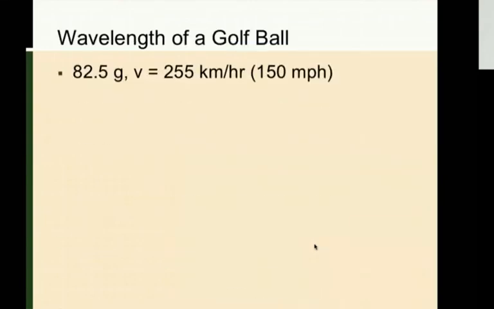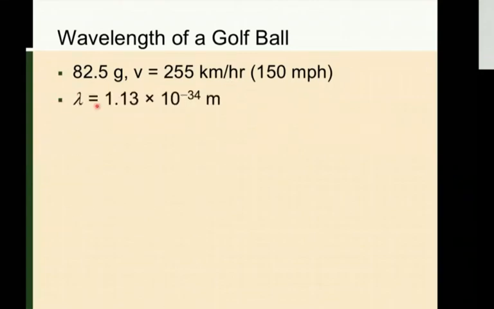So the wavelength of a golf ball then. A golf ball is quite small for us. It's a small sphere, weighs about, here the golf ball they've chosen is 82.5 grams. The velocity, if you hit it really well, could be up to 255 kilometers per hour. So it's about 150 miles per hour.